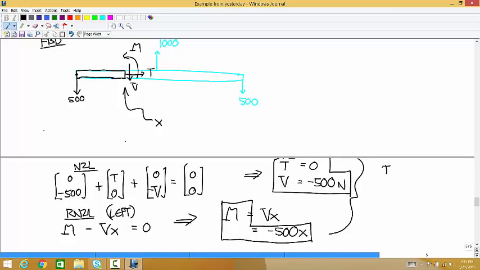So now T, V, and M are functions that give the internal loads for any x value between 0 and 0.5.